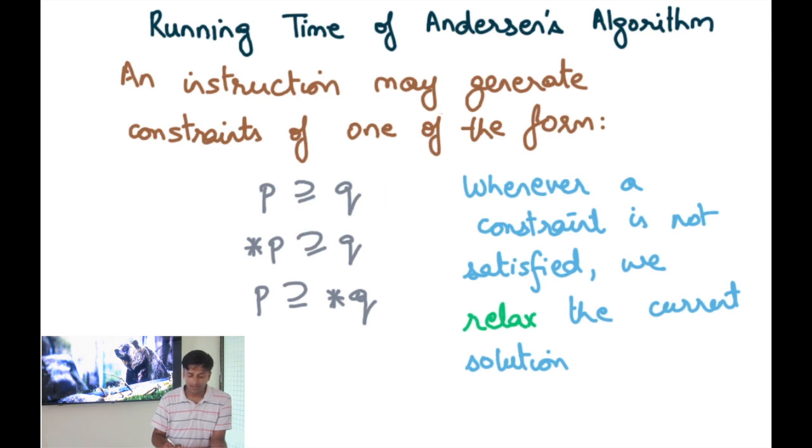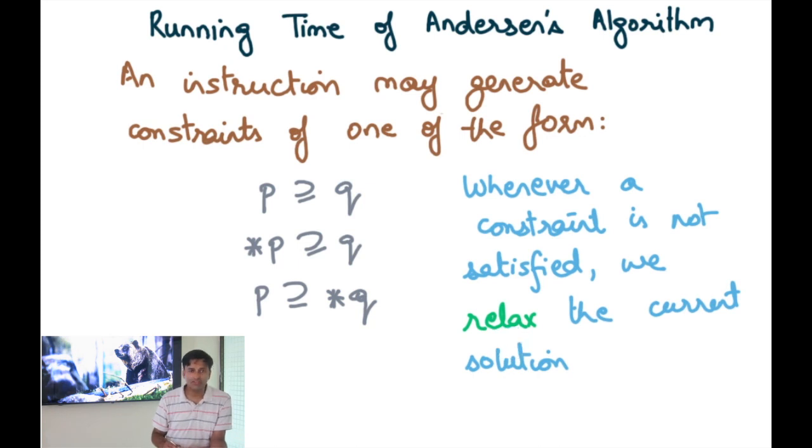If it is not satisfied, then I add elements to the points to set of p, using the points to set of q, such that this constraint starts getting satisfied. This addition of elements to the points to set of p is called relaxing the solution.